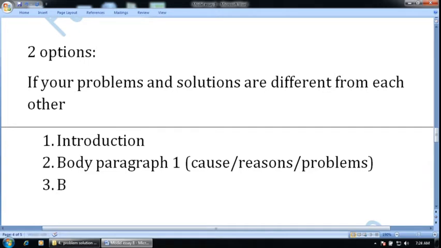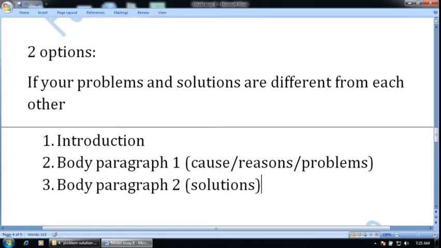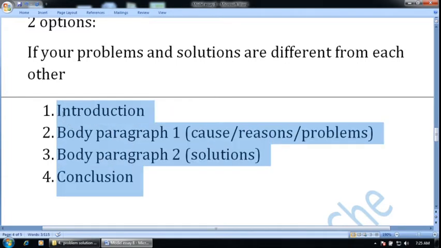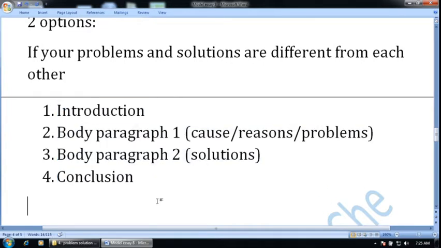Then body paragraph 2, that would be solutions, and then the conclusion. This would be the structure of your essay if the problems and solutions are different from each other, because you cannot write a problem and then the solution of different problems. So problems then solutions, causes then solutions.